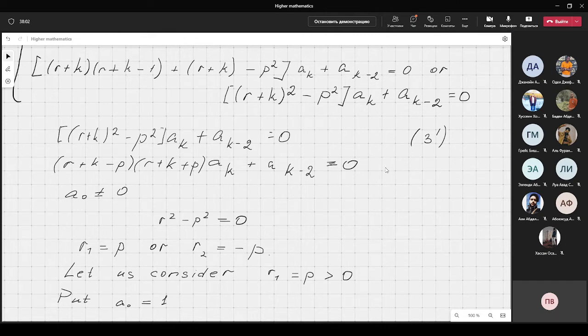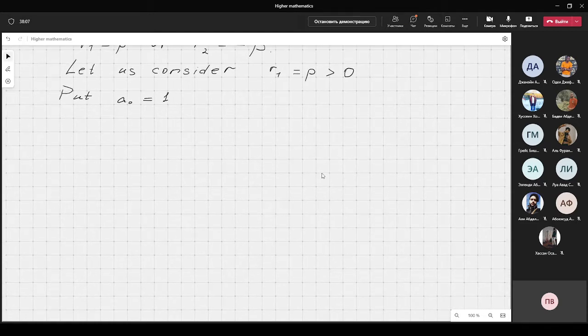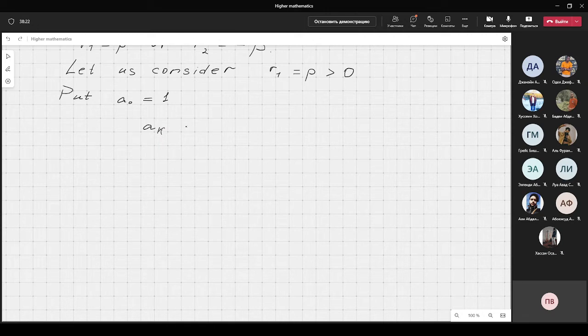Then a_k must be equal to minus a_(k minus 2) over k times (2p plus k).